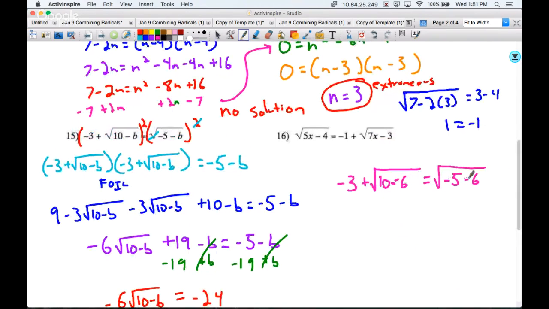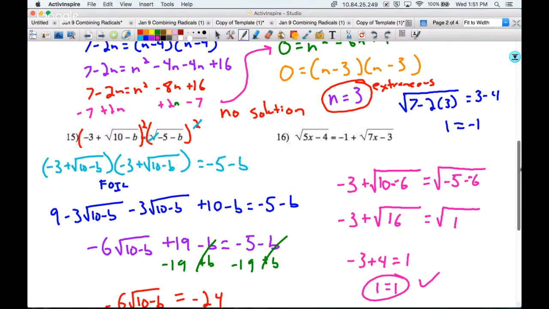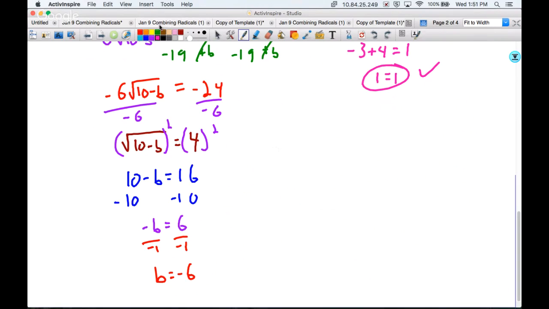So minus a negative, minus a negative: negative 3 plus the square root of 16 equals the square root of negative 5 plus 6, which is 1. I got negative 3 plus 4 equals 1. 1 equals 1. All right, so it's not extraneous. Negative 6 is our only solution, and it checks out.